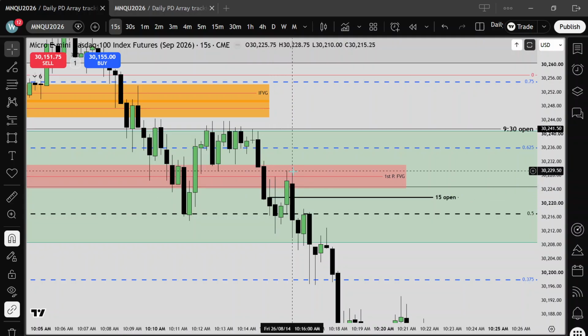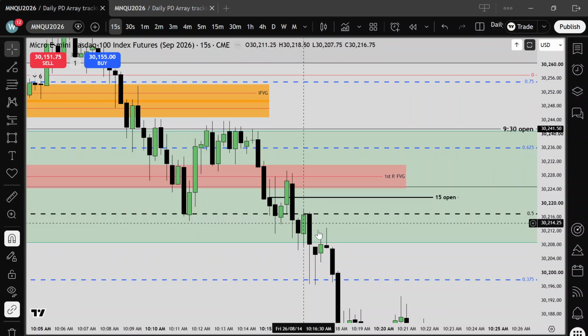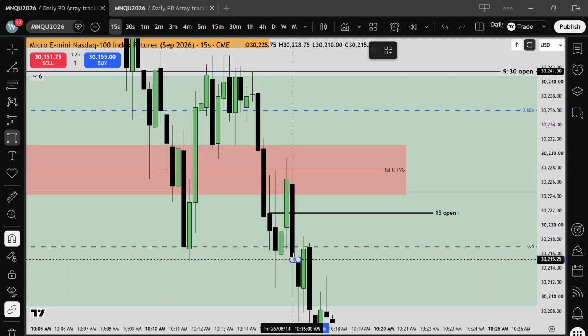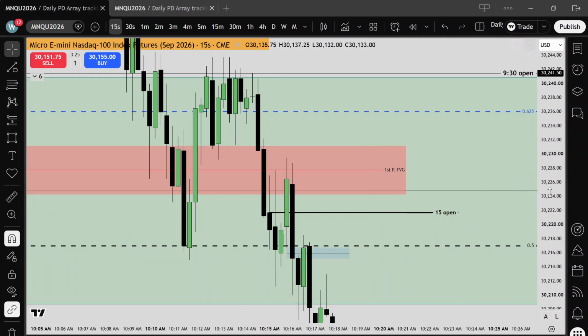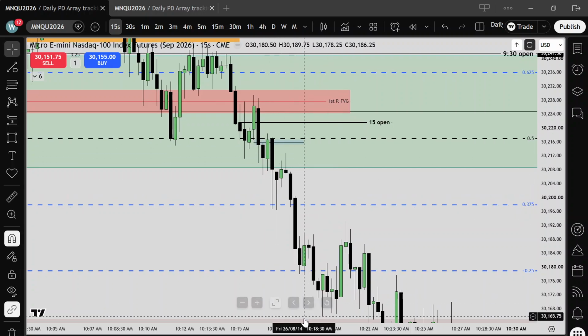It takes out relative equal highs, changing the state of delivery. There, it trades up into the gap, and she's gone.